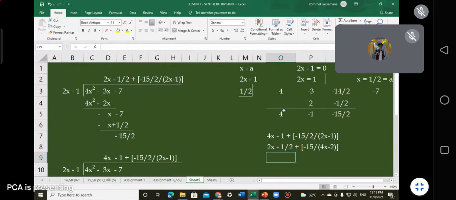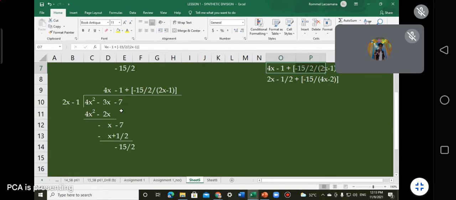We're going to actually divide 4 by 2 coming from the denominator. 4 divided by 2, it's 2. -1/2 divided by 2, it's -1/4. This is your final quotient and the remainder for this one. Pag ito po ang ginamit niyo, hindi po siya aakma. Try this. There's a problem already if you use this.